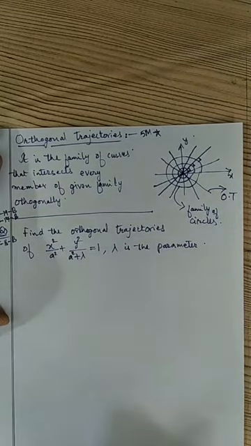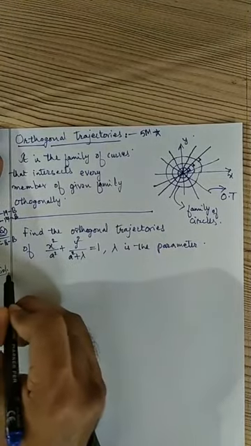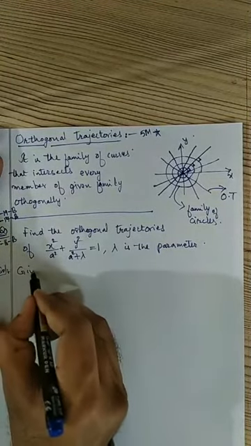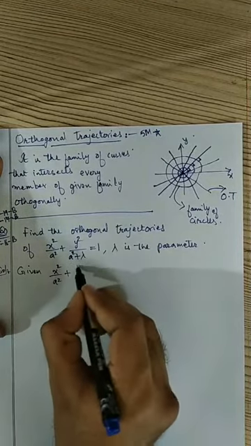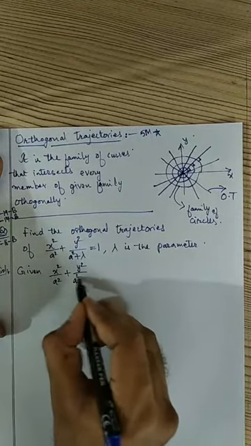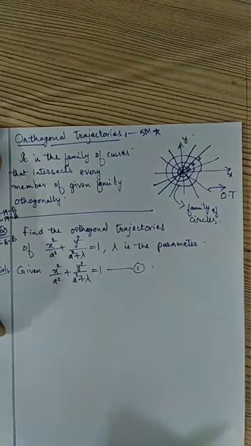Right? What is the question? Find the orthogonal trajectories of this given family. So the given family is x square by a square plus y square by a square plus lambda equals 1. Consider this as 1, where lambda is the parameter.